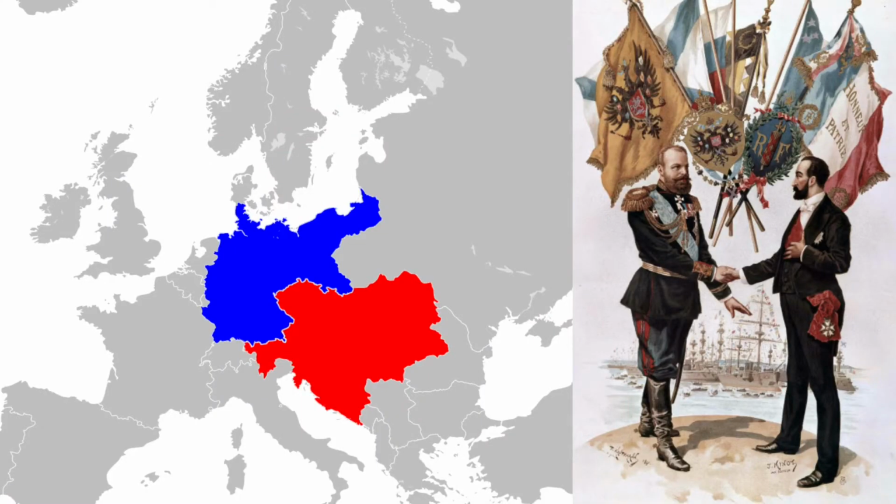And they signed an alliance which was called the Dual Alliance. Remember, the Dual Alliance. We haven't seen the Triple Entente yet. We have just seen how Russia and France became friends all of a sudden.